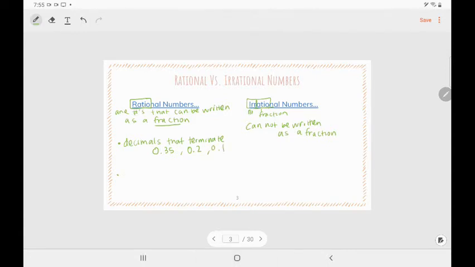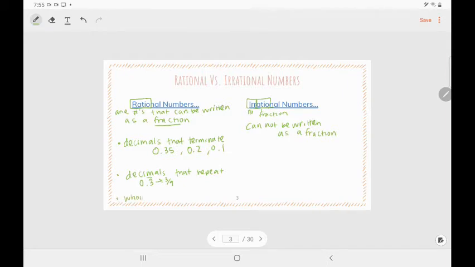We can also have decimals that repeat. So 0.3 repeating can be written as a fraction, 3/9. So decimals that repeat are also rational because they can be written as fractions.